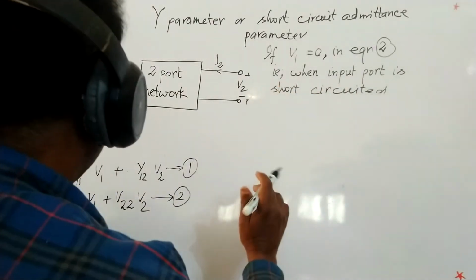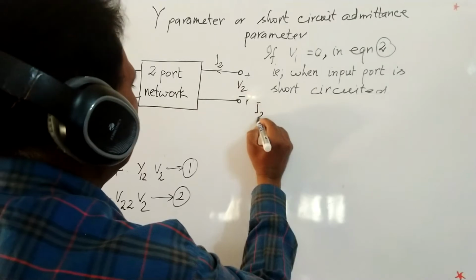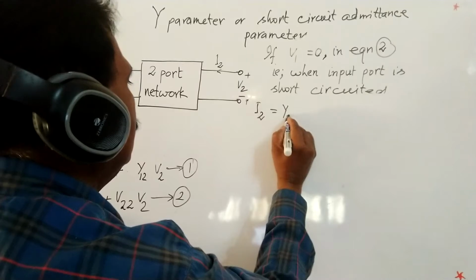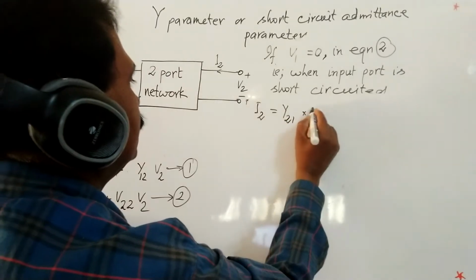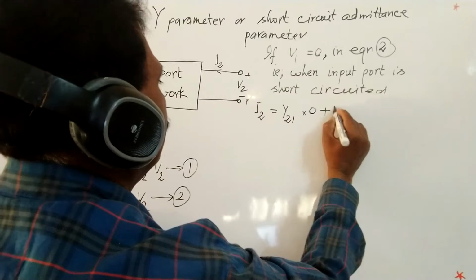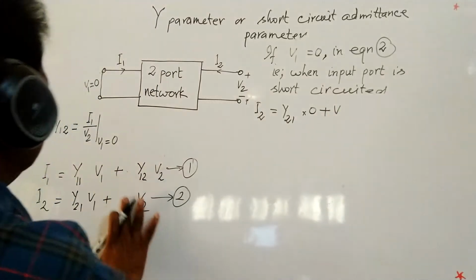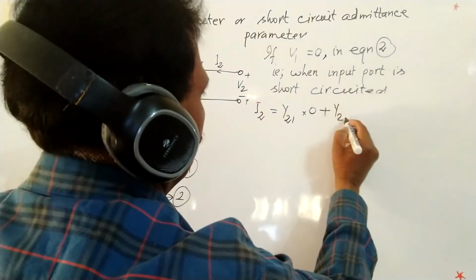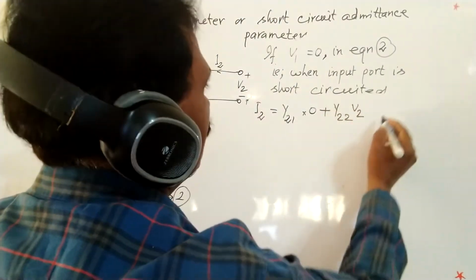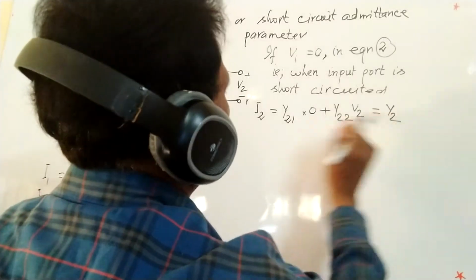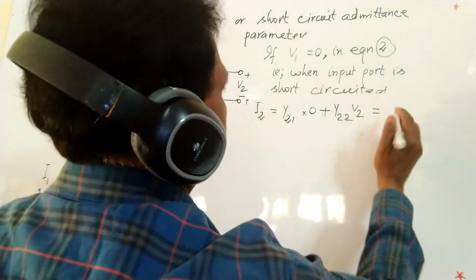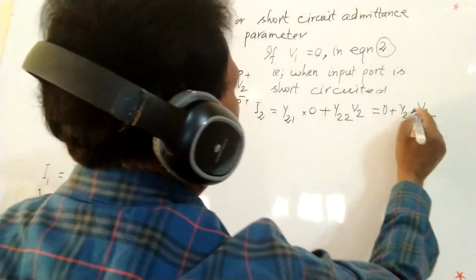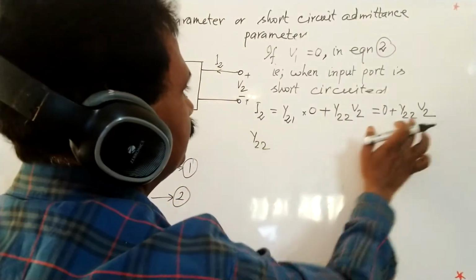Okay. Then just put here I2 is now equal to Y21 into V1, that is 0, plus Y22 into V2. Or this becomes 0 plus Y22 V2.